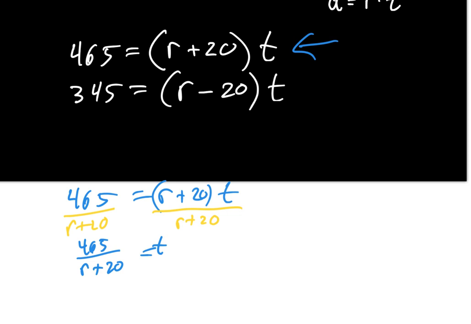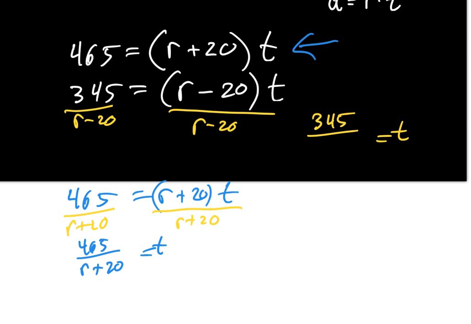I can do the same thing with my other equation. If I divide both sides here by r minus 20, I'll have my second equation, which will be t equals 345 over r minus 20. And this is where then I would go to substitution.